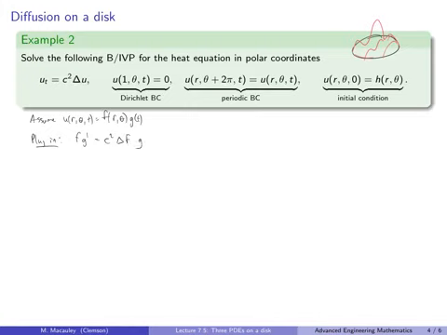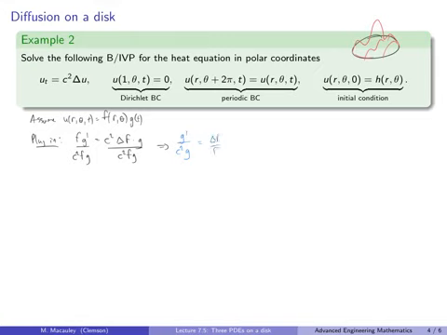So let's divide both sides by c squared f g. On the left-hand side, the f's cancel, and we have g prime over c squared g. The right-hand side, the c squareds cancel, the g's cancel. We have Laplacian of f over f.